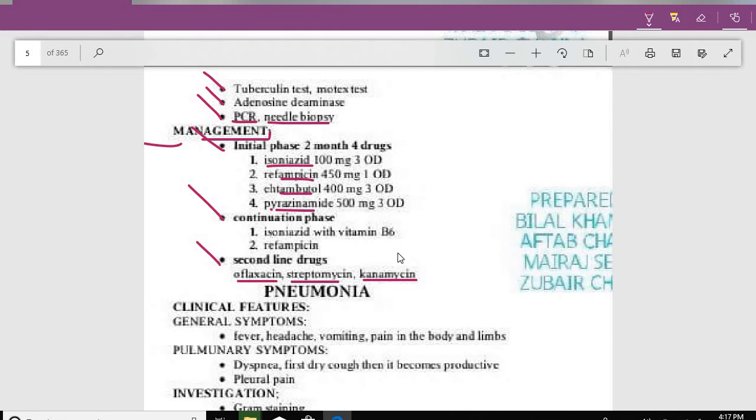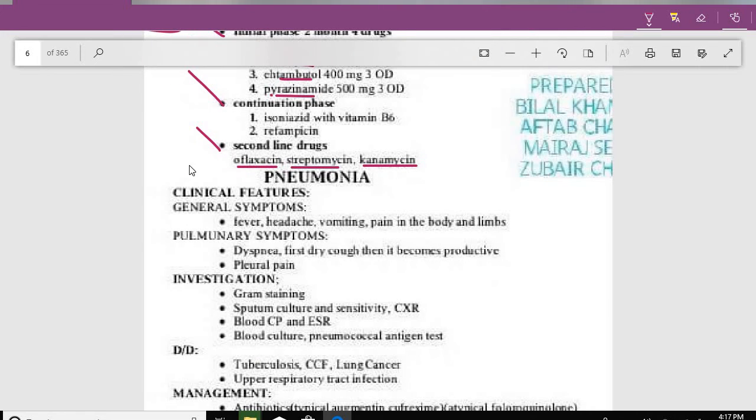So that was tuberculosis. And another disease is pneumonia. Pneumonia is an infection of the lung parenchyma, in which the patient will have cough, shortness of breath, and fever. Clinical features are fever, headache, vomiting, pain in the body and limbs, and pulmonary symptoms will be dyspnea, first dry cough, then it becomes productive, and pleural pain.